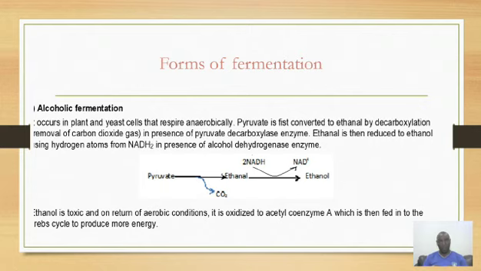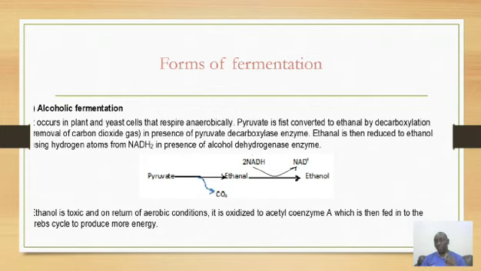Therefore, that form of anaerobic respiration, of fermentation in plants, is what we are calling alcoholic fermentation, because it leads to formation of alcohol. This usually occurs in plant cells and even in yeast cells.